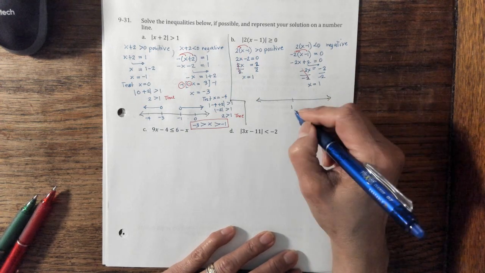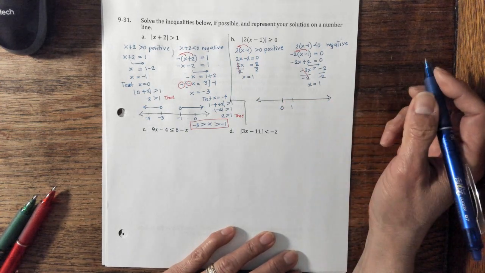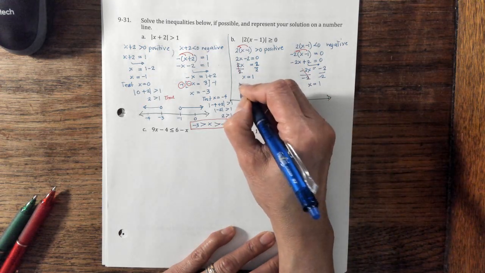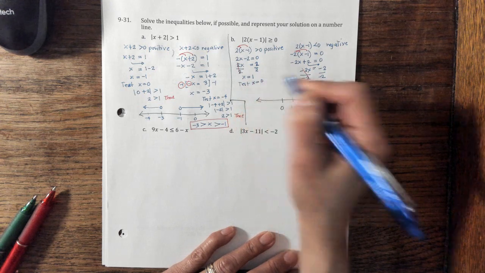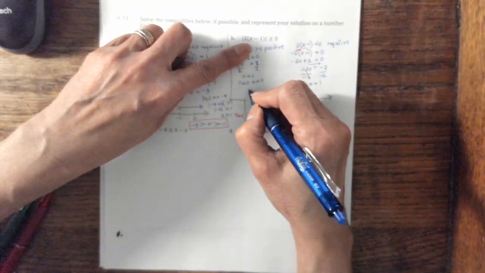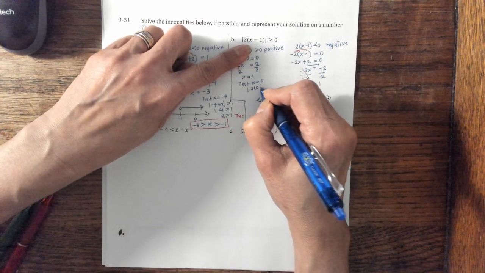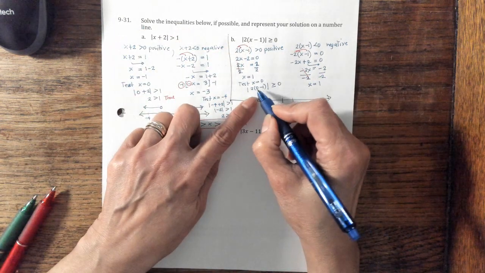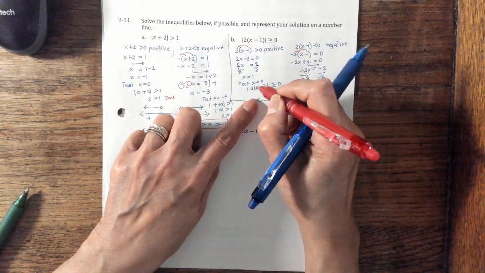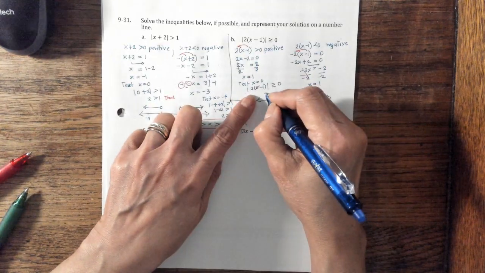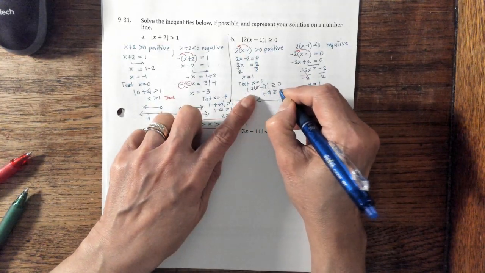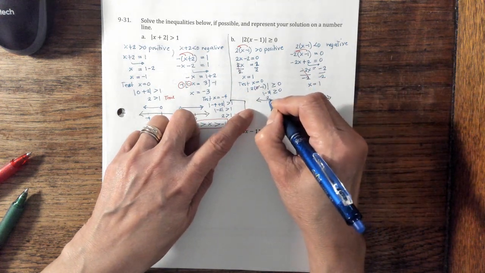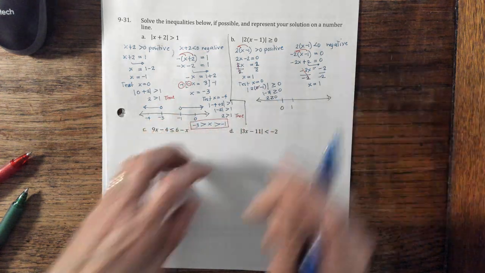So in here, you only have one boundary, that's positive 1. So if this is 1, this must be 0. We will check using x is equal to 0. So test x is equal to 0 in the original inequality. That's the absolute value of 2 times 0 minus 1, greater than or equal to 0. So 2 times negative 1 is negative 2, absolute value is greater than or equal to 0. The absolute value of negative 2 is positive 2. Is positive 2 greater than or equal to 0? Is it true or false?